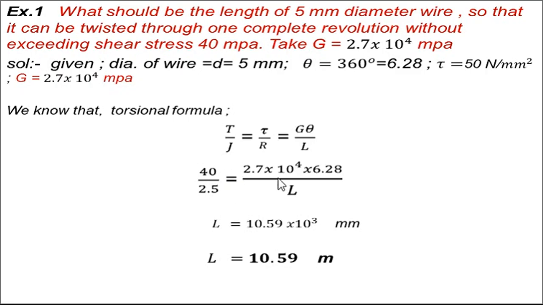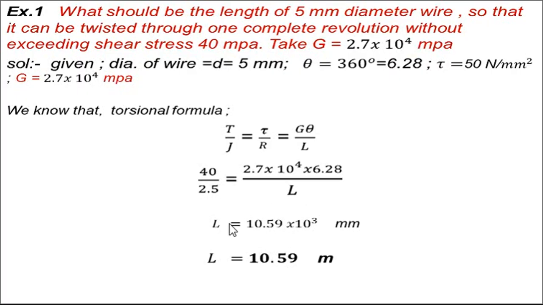So we have taken here the rigidity equation or rigidity criteria. 40, the given shear stress tau, divided by R, the radius, because the diameter is given as 5, so by dividing by 2 we get a radius of 2.5. That equals G, 2.7 into 10 raised to 4, into theta, 6.28 in radian, divided by L. There is only one unknown, the length of the wire.